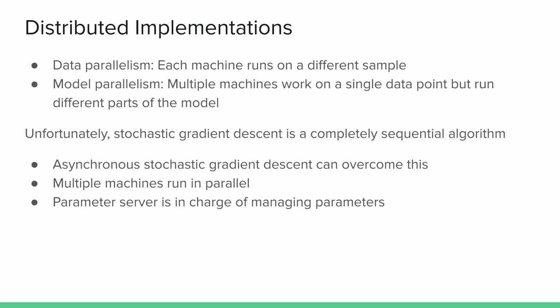And there are two ways how you can parallelize it. Basically, you use data parallelism, and each machine runs on different samples. So what you would do is, if you have 4 GPUs, you cut your data set into 4 parts. Each part is put on a different machine, and that machine or that GPU only sees that part of your data.